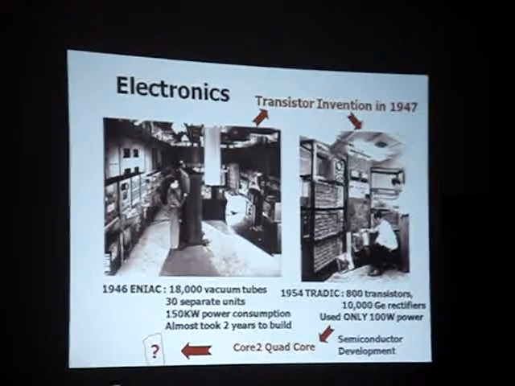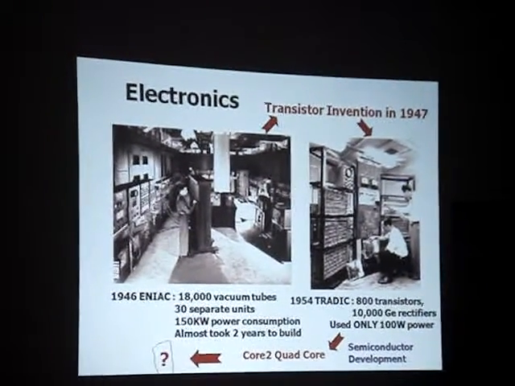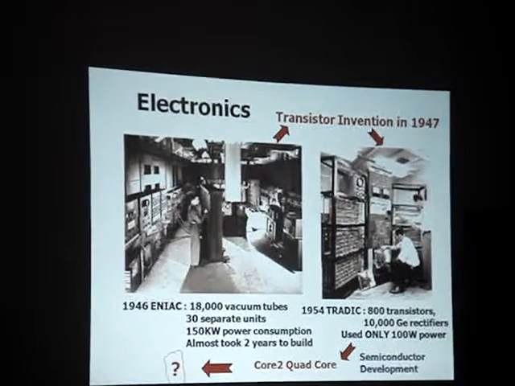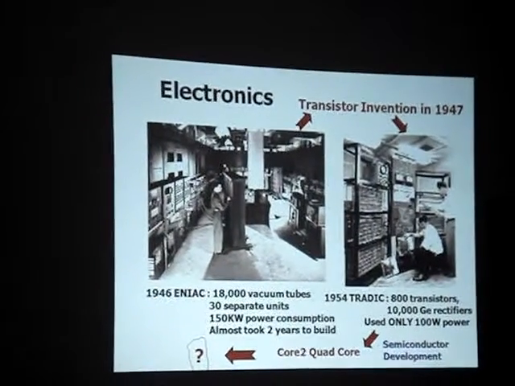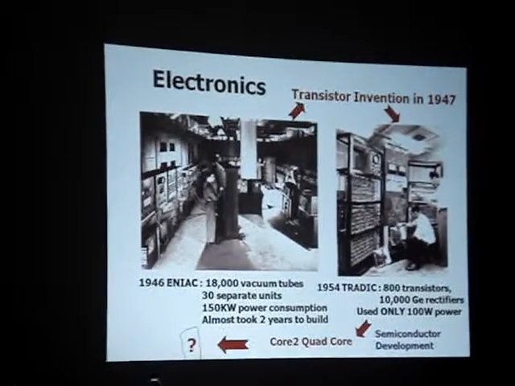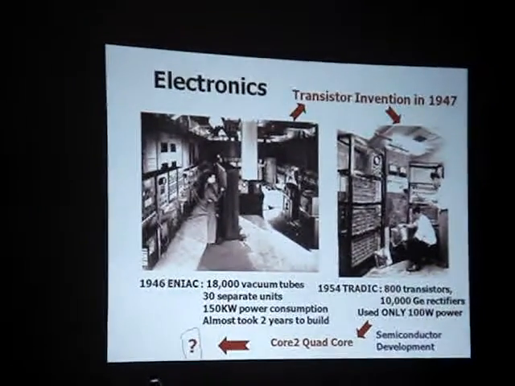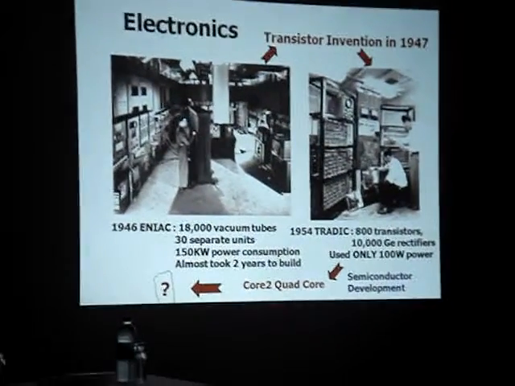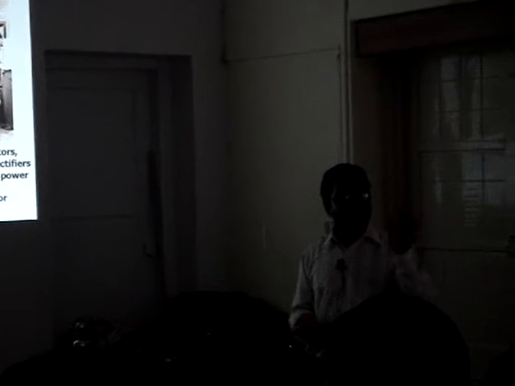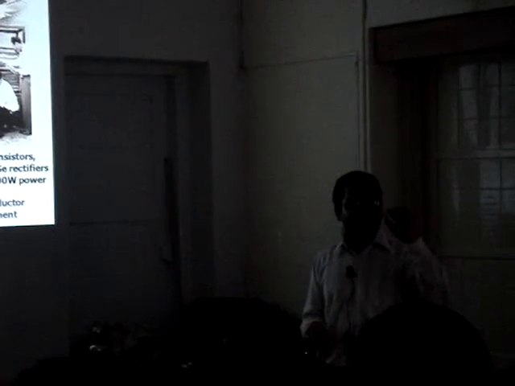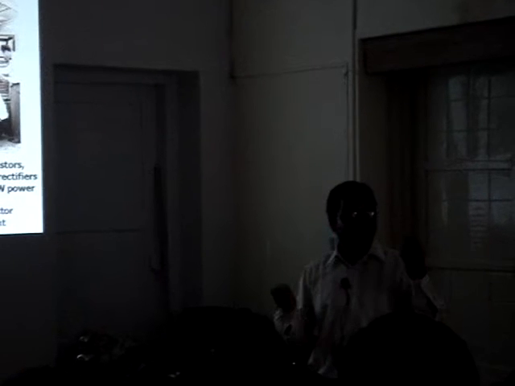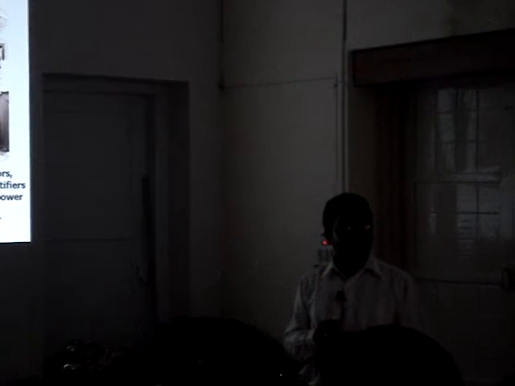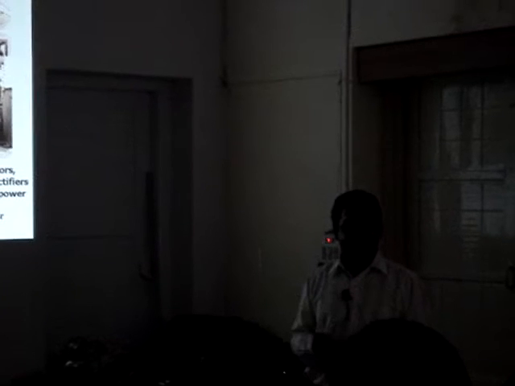Now we have the quad core processor. So can you imagine, this 1954 computer has 1800 transistors and 10,000 germanium rectifiers. Can you guess how many transistors are there in today's Intel chip? A chip that's 1 inch by 1 inch kind of. Do you know how many transistors are in it?